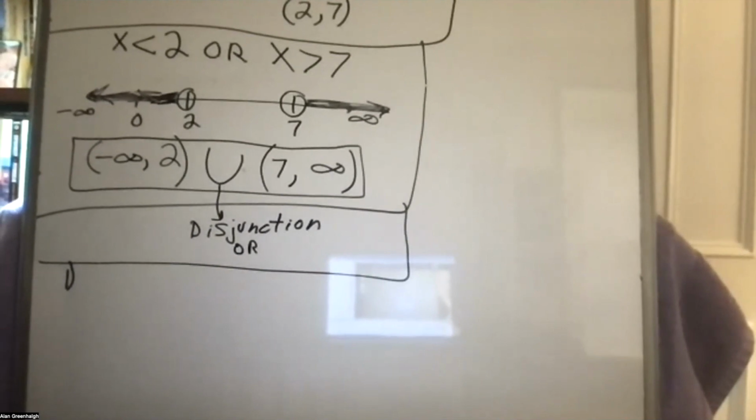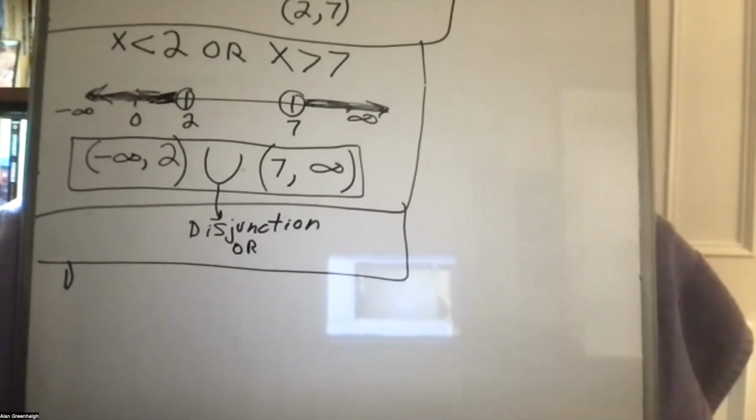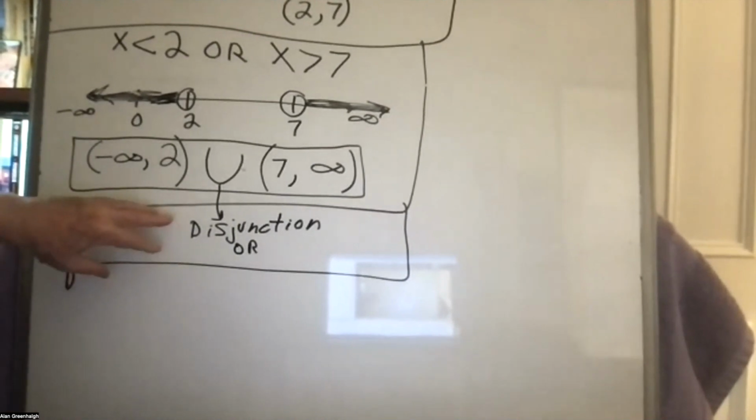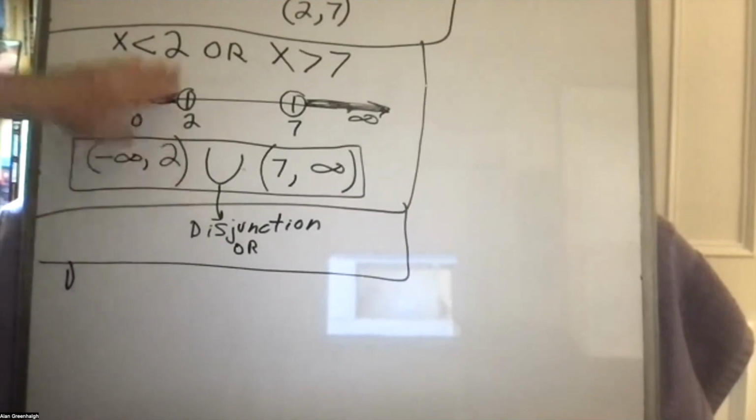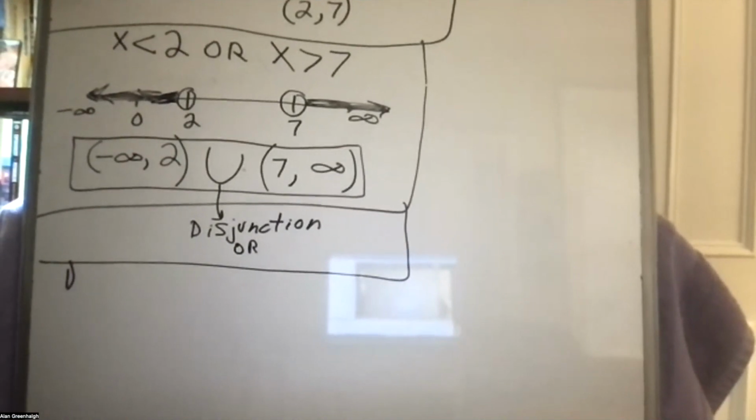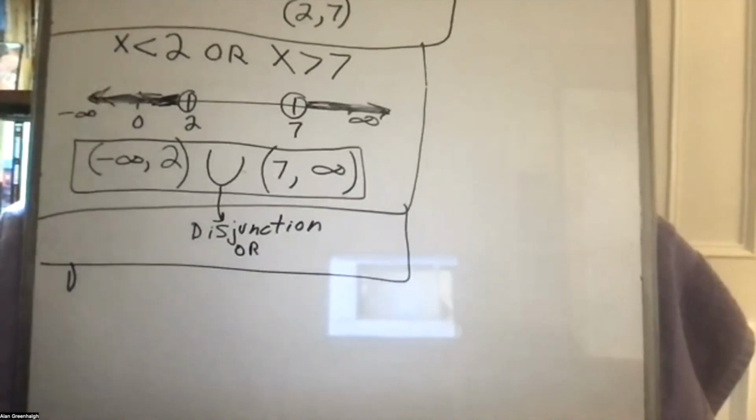Before the just conjunction, what was the term you used? Referring to the and? Oh, you said another term. Yeah, I call that conjunction. Conjunction, thank you. But people don't use that.